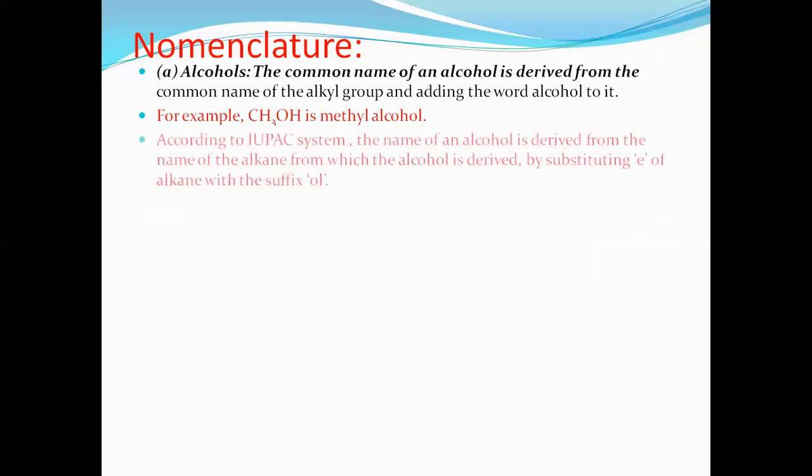While naming in the IUPAC system, we have to follow certain rules. What are the rules? Rule number 1: every alkane name ends with E. No doubt, methane ends with E, ethane ends with E, propane ends with E. That E is replaced by ol.